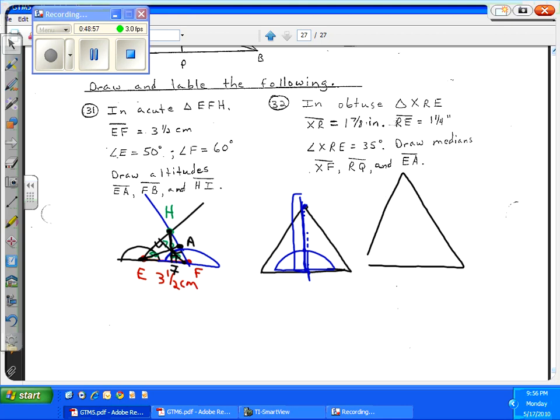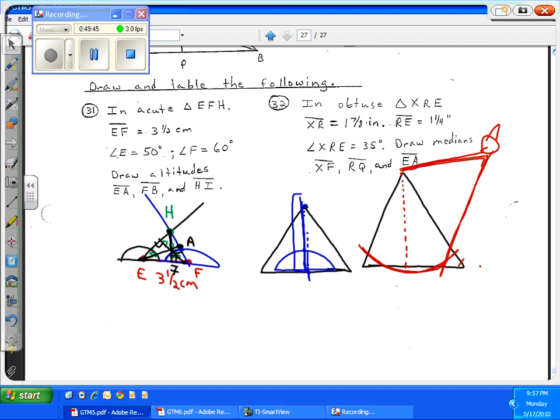The official way to do it with a compass, that's that pointy thing with the pencil, would be to open up your compass with your pointy thing there and your pencil here so that your compass opens up to longer than straight down, but not so far that you miss.